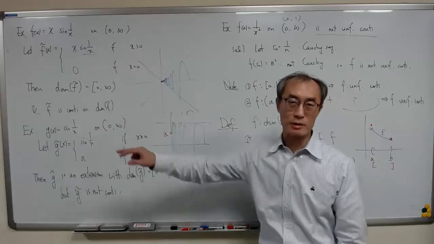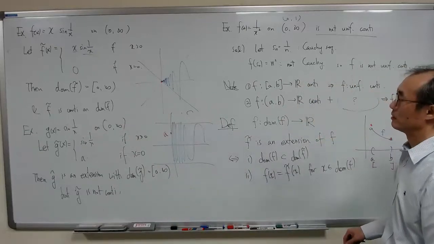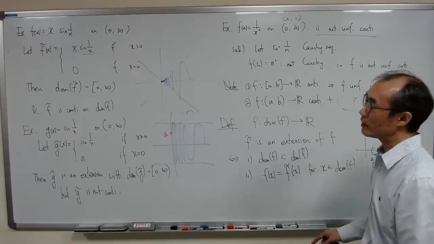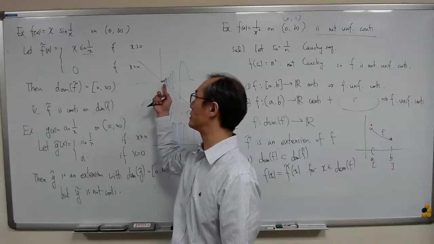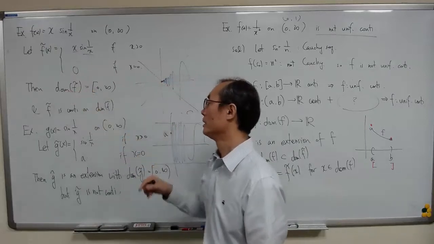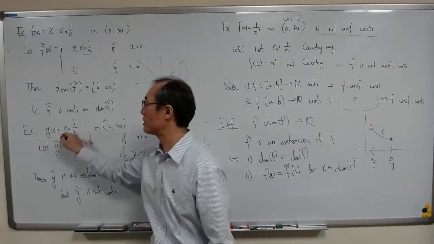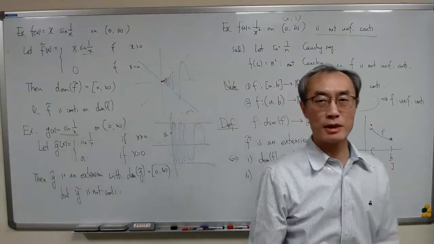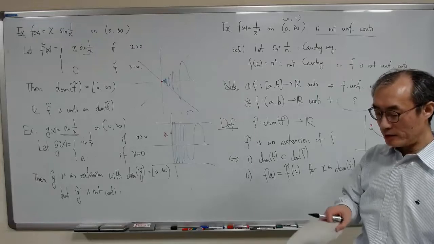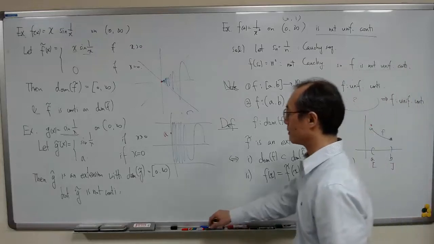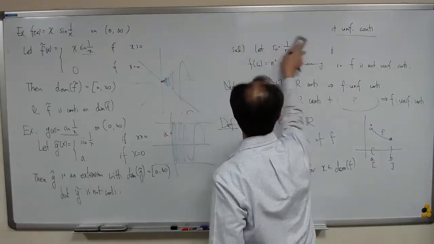This is the distinction. This function allows a continuous extension by choosing the value 0, but this function does not have any continuous extension. That property distinguishes uniform continuity.